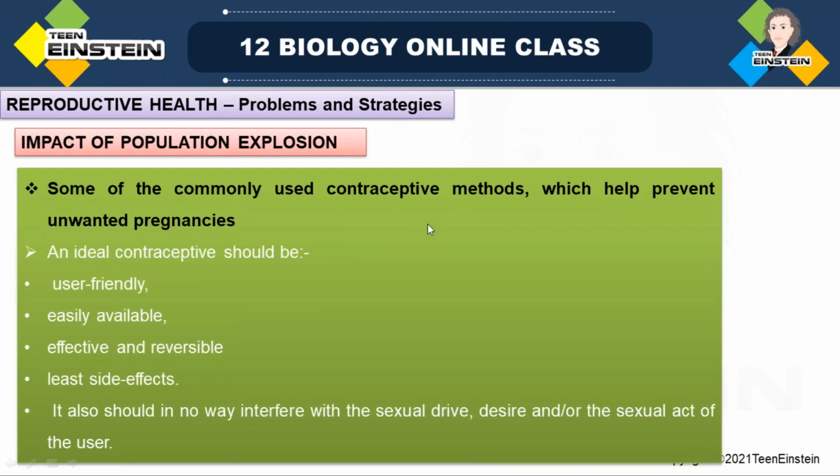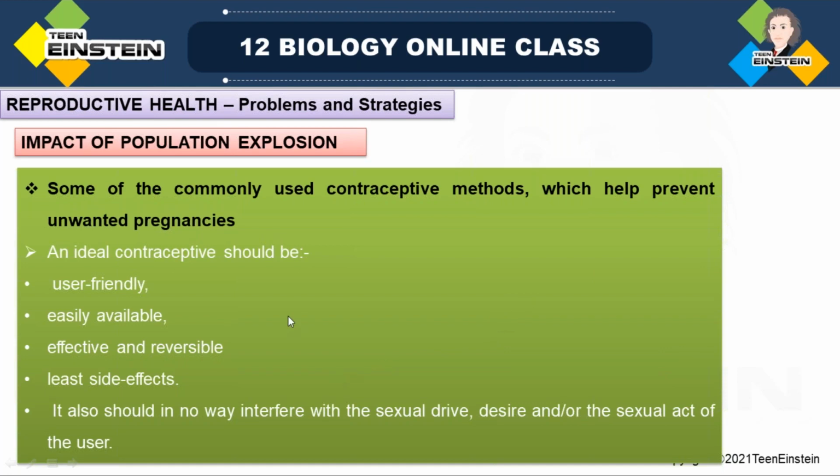So these are some of the commonly used contraceptive methods which help prevent unwanted pregnancies. The contraceptive methods should be user-friendly, easily available, effective and reversible, and should have the least side effects. It also should in no way interfere with the sexual drive.